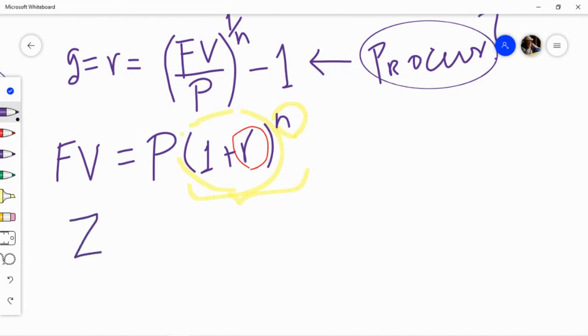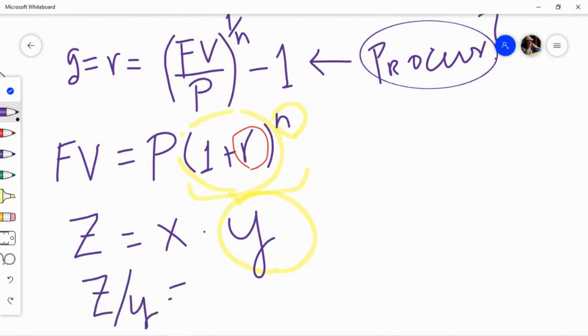This is like z equals x times y structure, isn't it? Since y is the term that contains our r, you want to isolate y first. To isolate y, of course we know we will need to divide both sides by x.